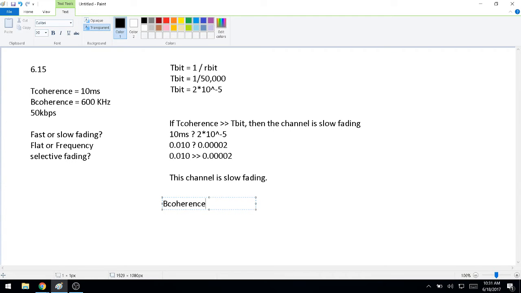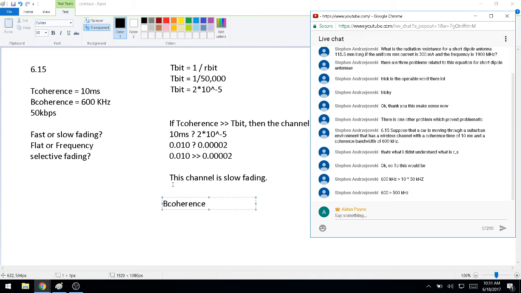So basically, Stephen, let me just catch up with what he said here. So TC would be this, 600 kilohertz.